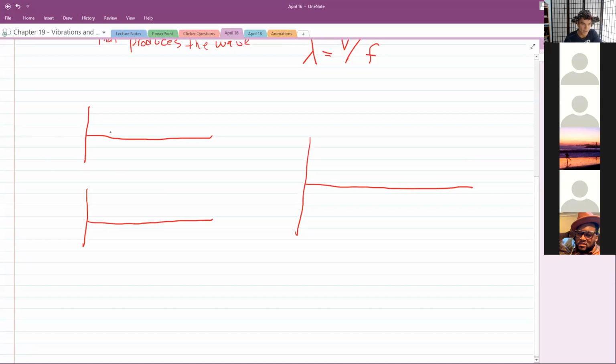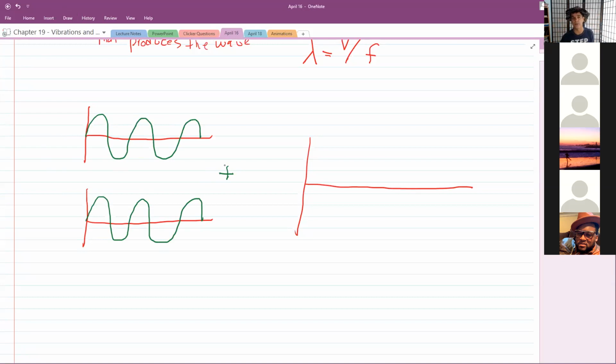Let's say that I had a transverse wave and I had another identical transverse wave. And these two were at the same place at the same time. Again, I can't easily draw two waves at the same place at the same time, but imagine these two waves existing at some point in space at the same time.